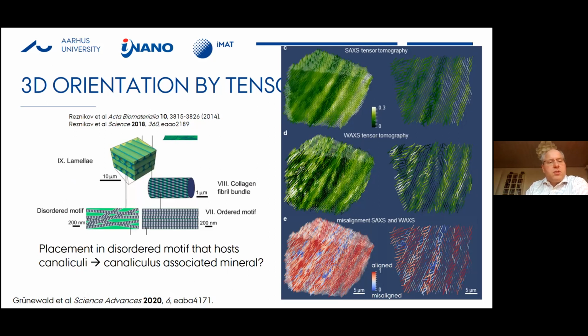And within these disordered regions the osteocyte lacuna canalicular network runs, with the canaliculi highly concentrated in these disordered motifs. So what we are working on right now is a hypothesis that perhaps this misaligned bone fraction results from the presence of canaliculus-associated mineral, which might not be tightly associated with the collagen fibrils and hence have a different orientation distribution than the collagen fibrils. So we're trying now to see if we can prove this hypothesis.